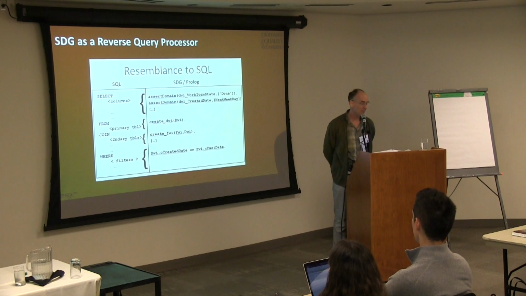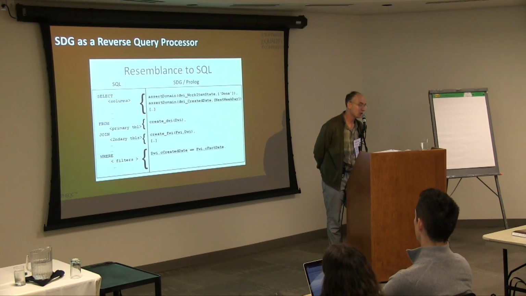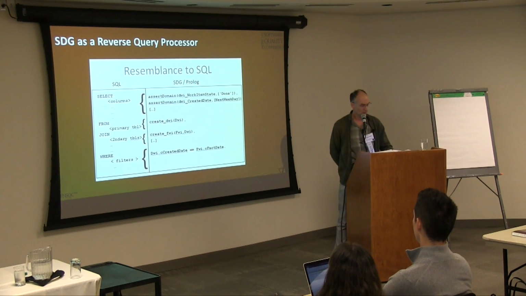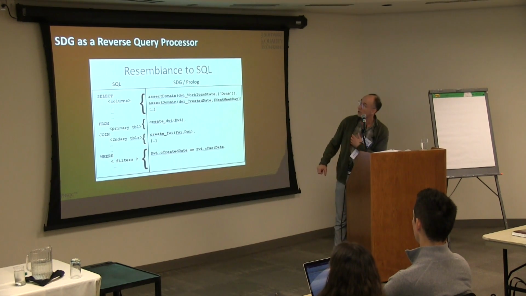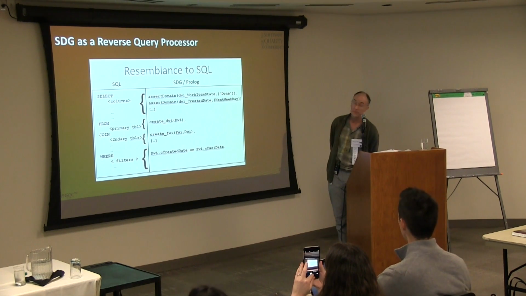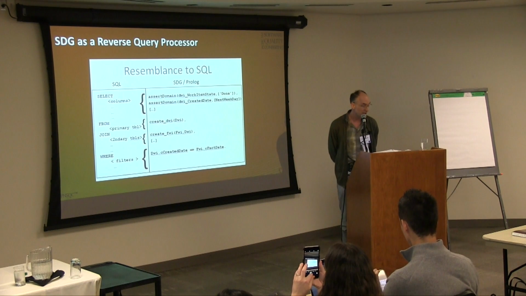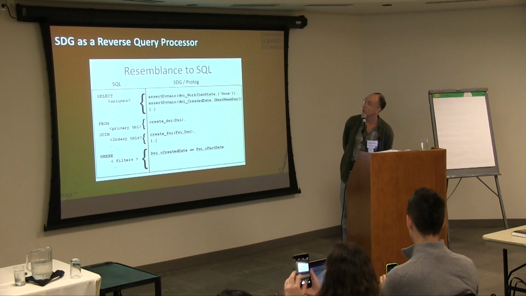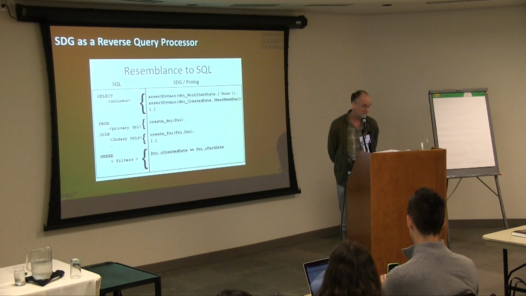So how is this a reverse query processor? This shows you SQL on the left and what an SDG Prolog program to reverse that SQL would look like. When I say SQL, I mean a SQL select. In SQL, you typically have the column values that you're interested in, a primary table, and you're joining to a secondary table, or probably more tables than that.